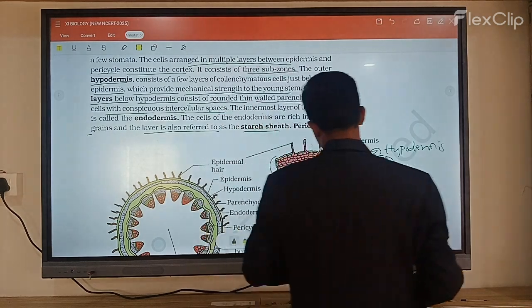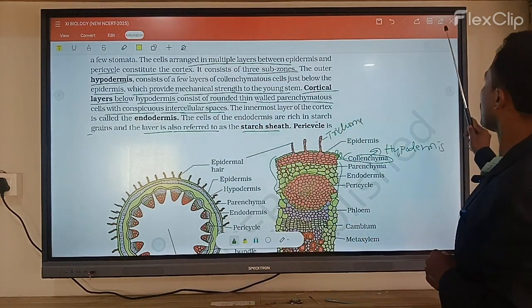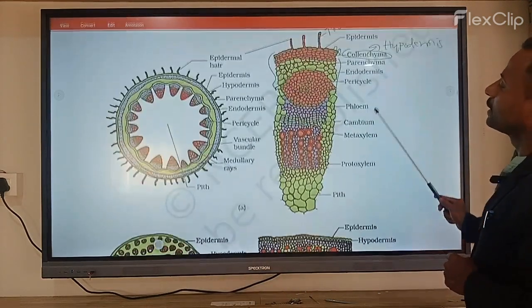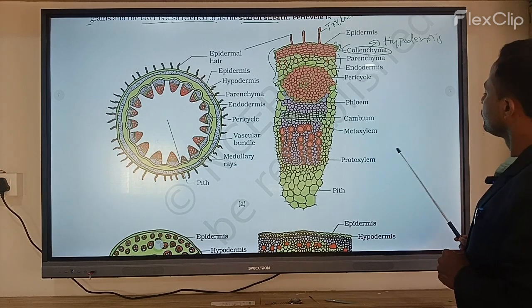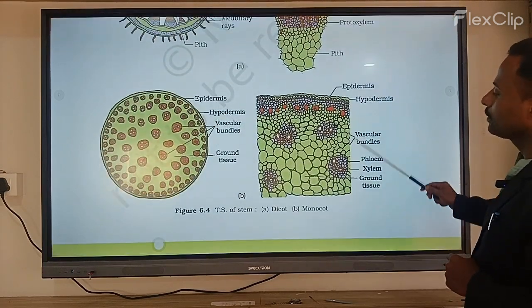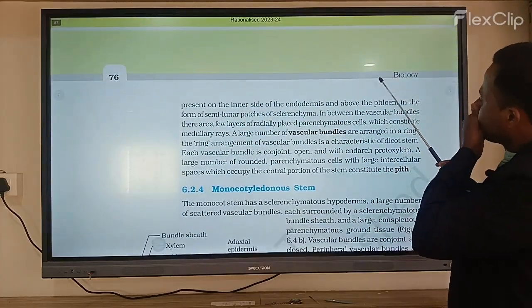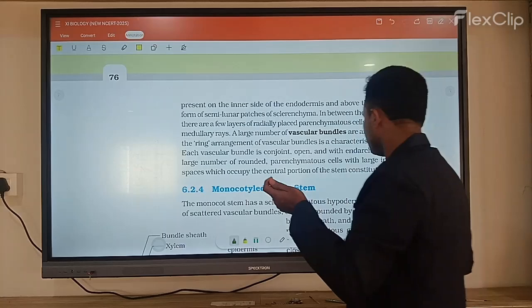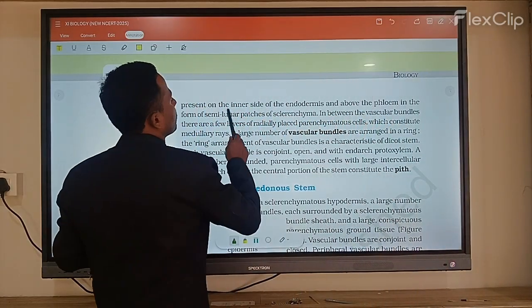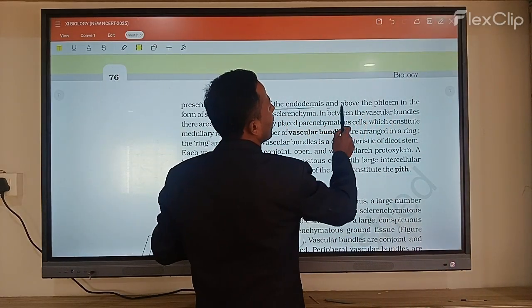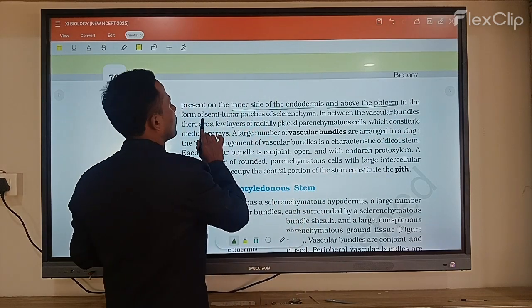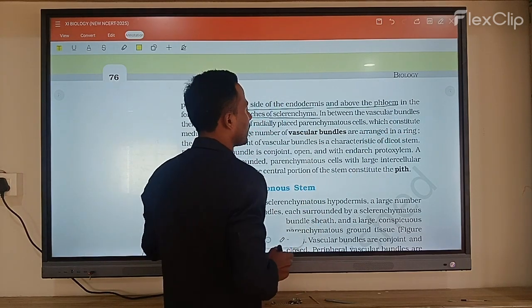Now, the part inside this is called the pericycle. The pericycle is present on the inner side of the endodermis, above the phloem, as semilunar patches of sclerenchyma tissue.